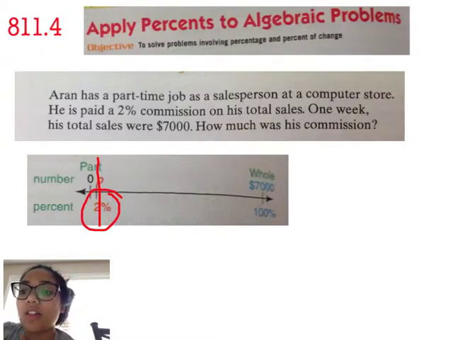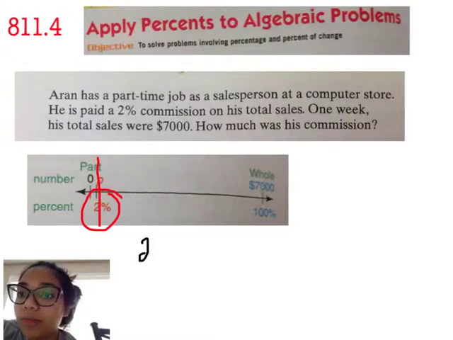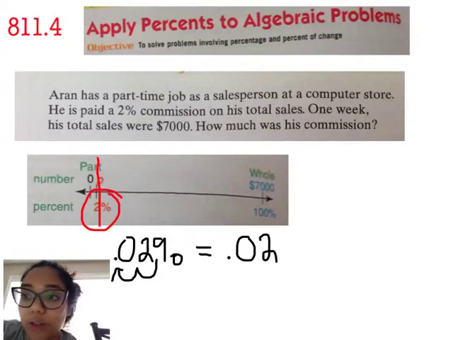2% of 7,000, all you have to do is multiply 2%, but you need to change your percentage to a decimal. So 2% to a decimal is, move my decimal 2 places to the left, and I get 2 hundredths.